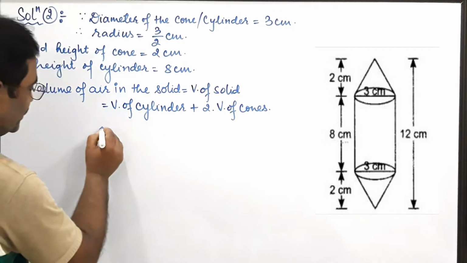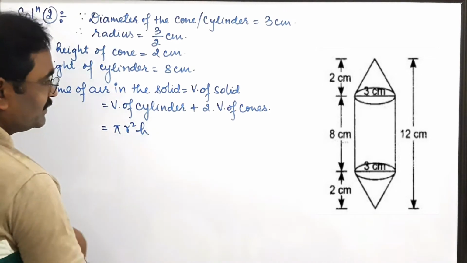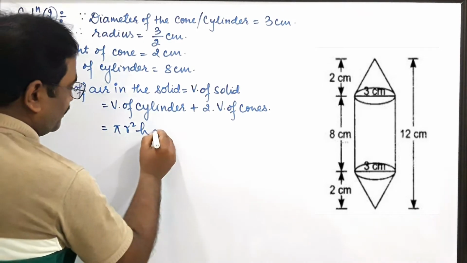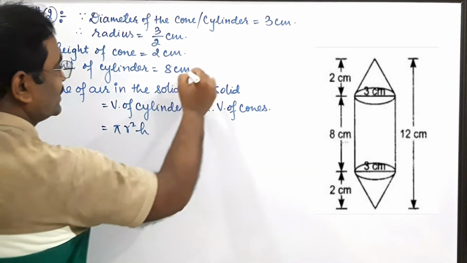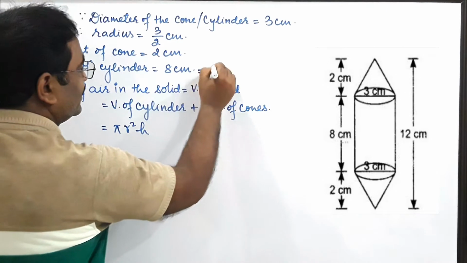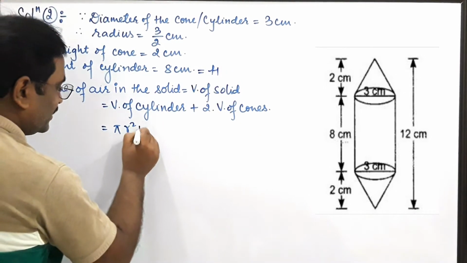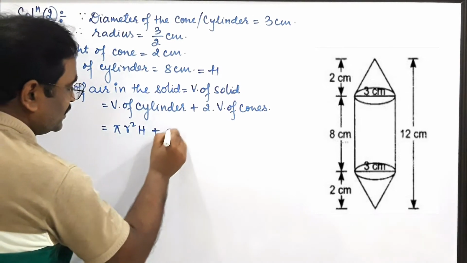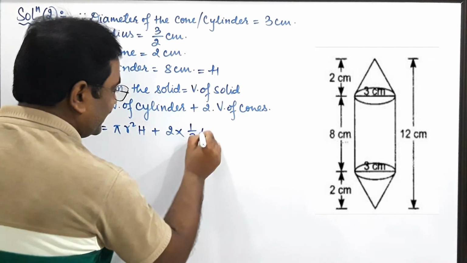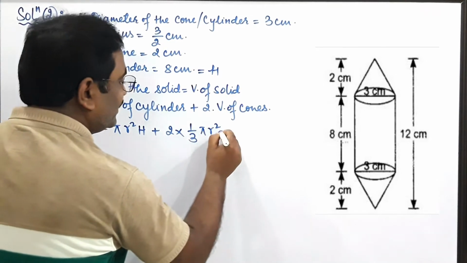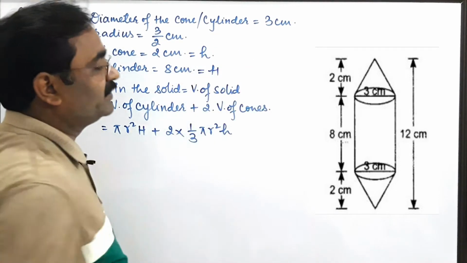The volume of cylinder is, as you know, pi r square into h, that is the height of the cylinder, which is 8 centimeter. You can say capital H if you are taking. So just write capital H, plus 2 multiplied by the volume of cone, which is 1/3 pi r square h, where h is the height of the cone, which is 2 centimeter, right?